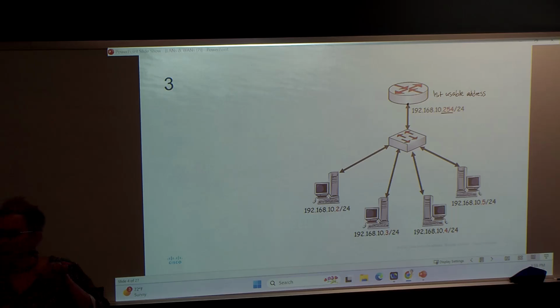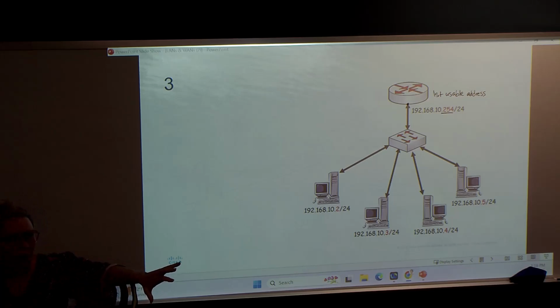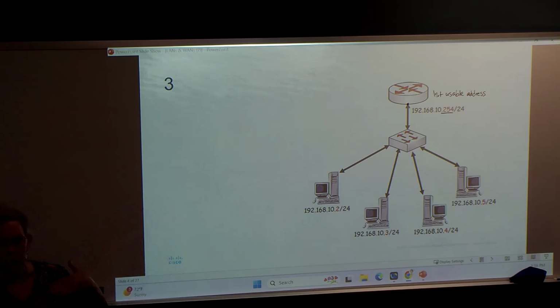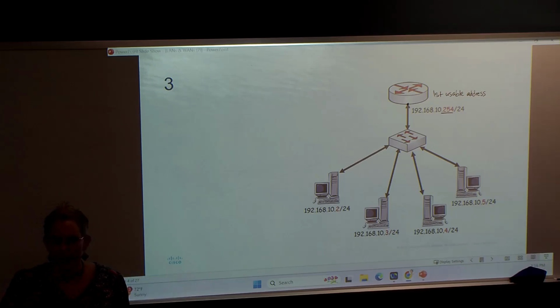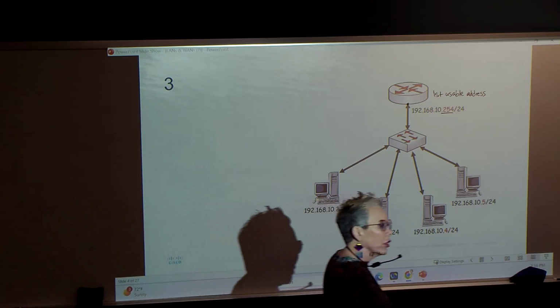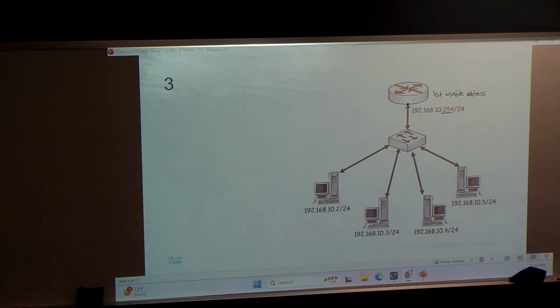Yeah, so it is when we send a message to all of the devices on the network. Okay, so if we were on one network in here and all of you received the message, that's a broadcast. And addressing wise, it's an address where all of the host bits are turned on.